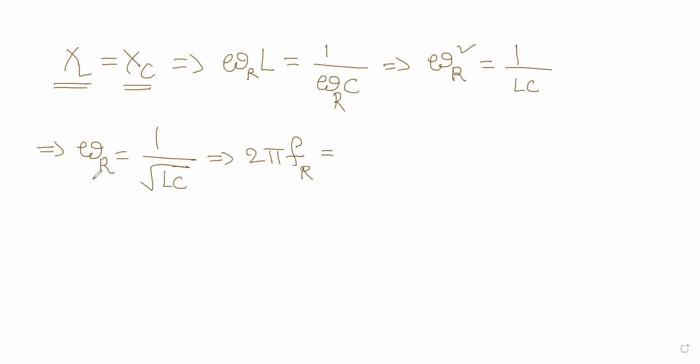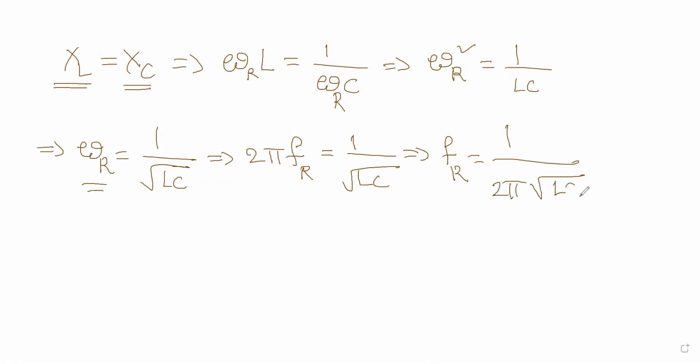This is the resonance angular frequency, and this is the normal resonance frequency. So FR, it's a very famous formula, is 1 by 2 pi square root of LC, and the unit will be hertz.